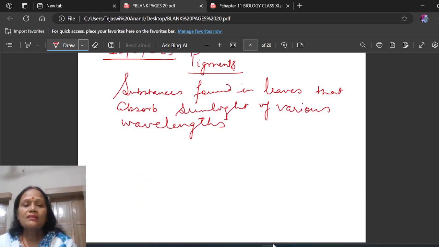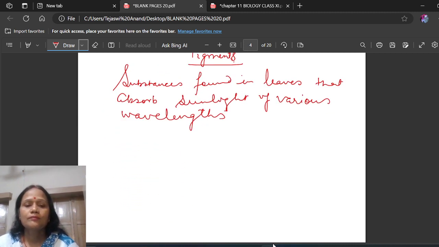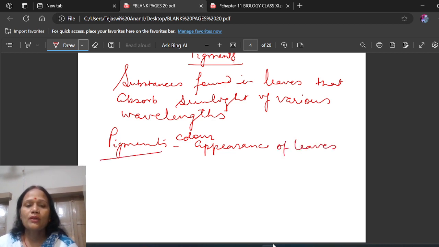The color appearance of leaves is due to the presence of pigments.